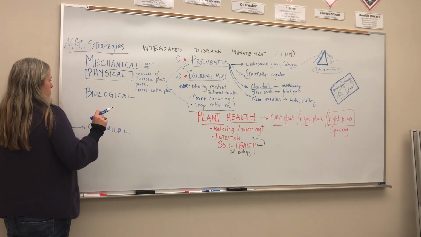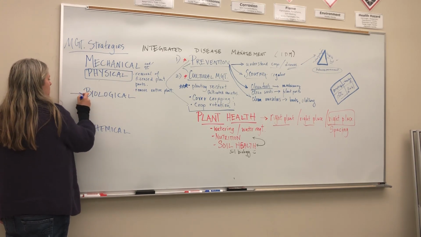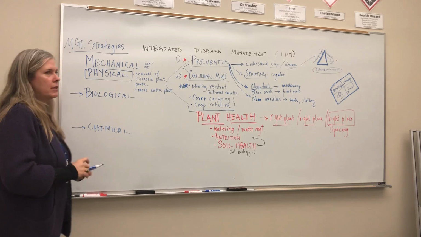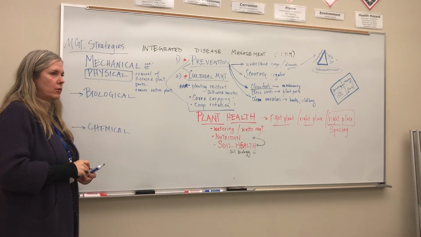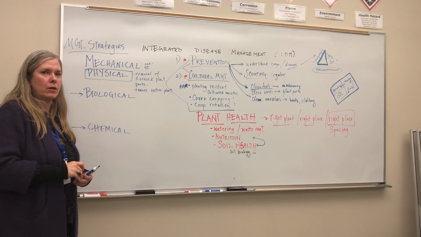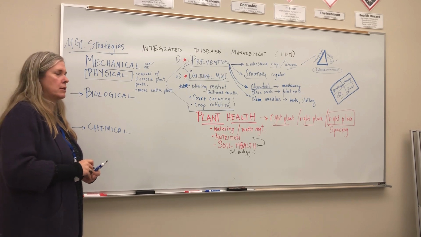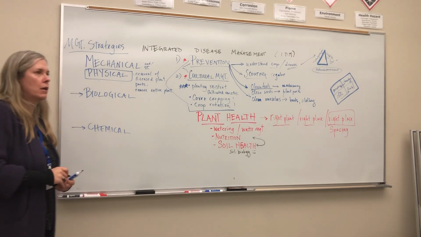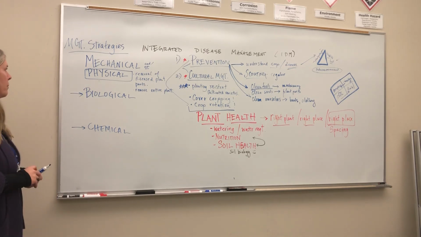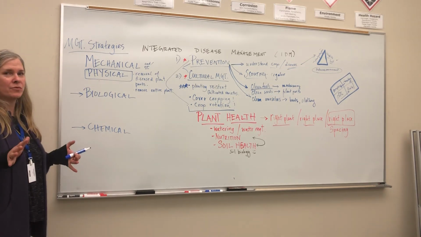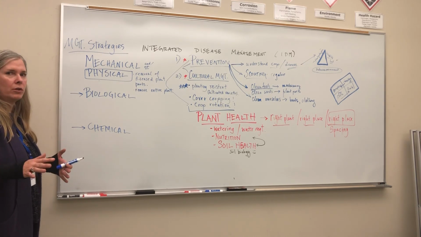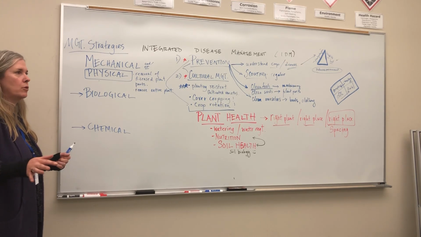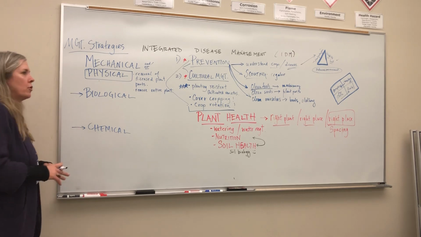All right, so then we have the option of biological, okay? When we talked about insects, we had a lot of options for biological controls, which is fun because that's like your lady beetles and your lacewings and your praying mantids, and those are some cool bugs. But we didn't have a whole lot of options for the weeds except for the goats, right? So biological controls for weeds is a little limited. There are some others out there that are actually working, but just overall in general.